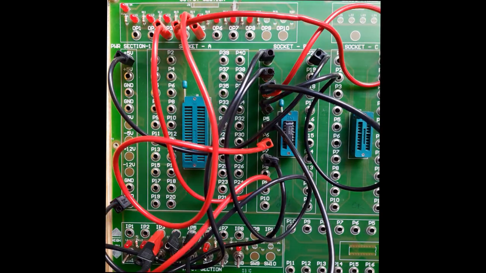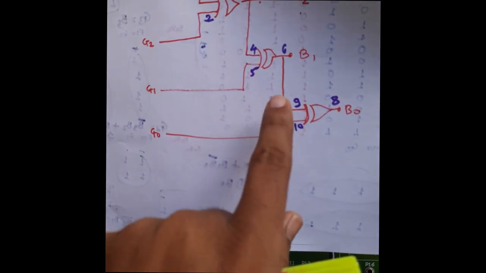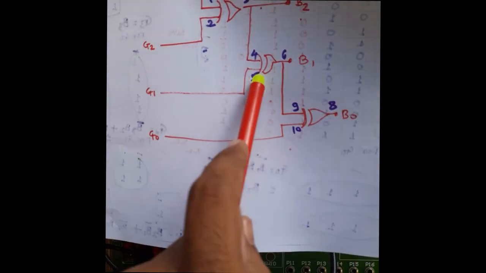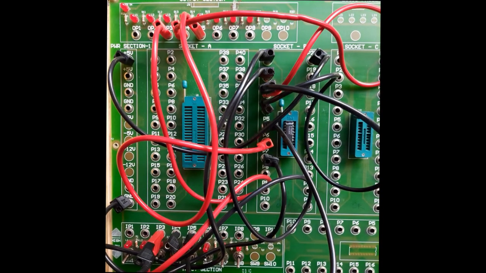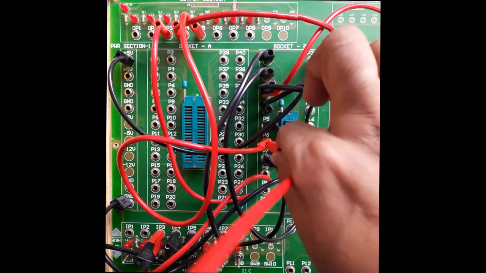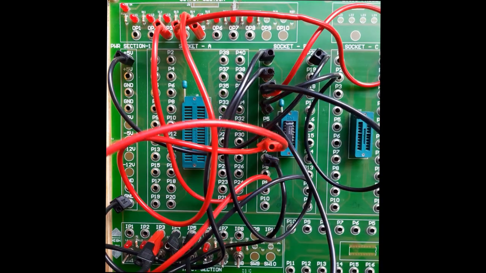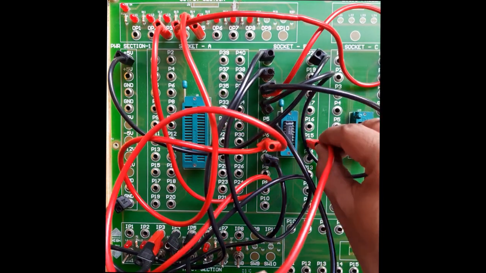Now as per your circuit diagram you can observe pin number 6 should be connected to pin number 9, and at pin number 10 you connect the next input, that is G0. At pin number 8 you will get the B0 value. So connect pin 6 to pin number 9.